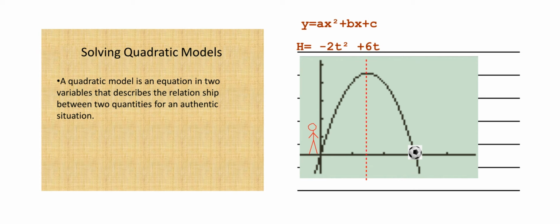So keep in mind we have a line of symmetry, and for this case let's approximate our vertex, the highest or lowest point. In this case it's the highest point that the ball reached. So roughly we can approximate it to be, I would say 1.5 in the x and 4.5 in the y, or the height in this case.